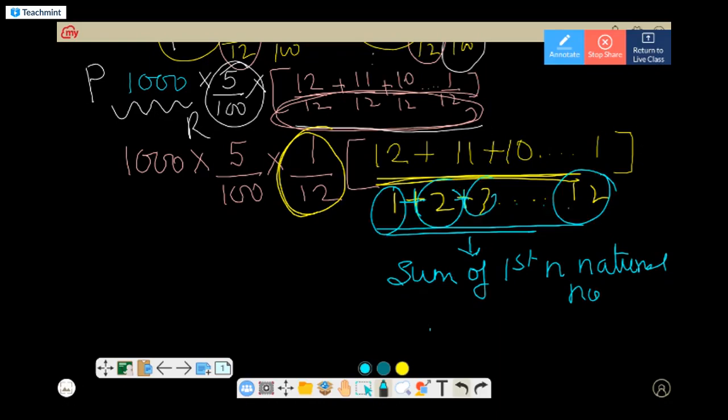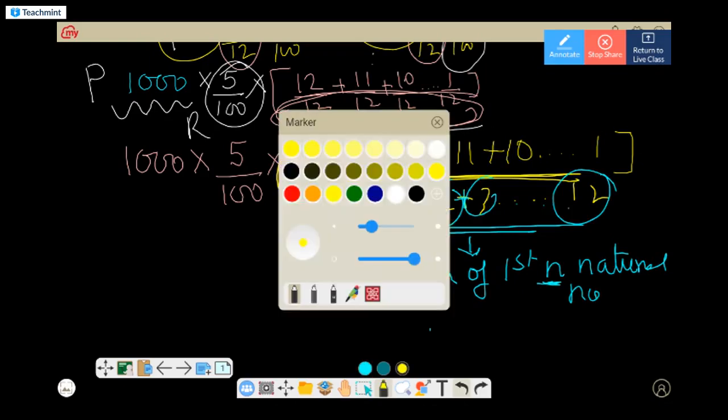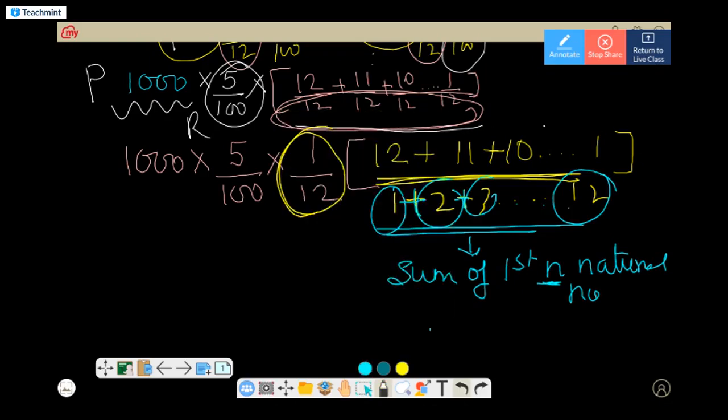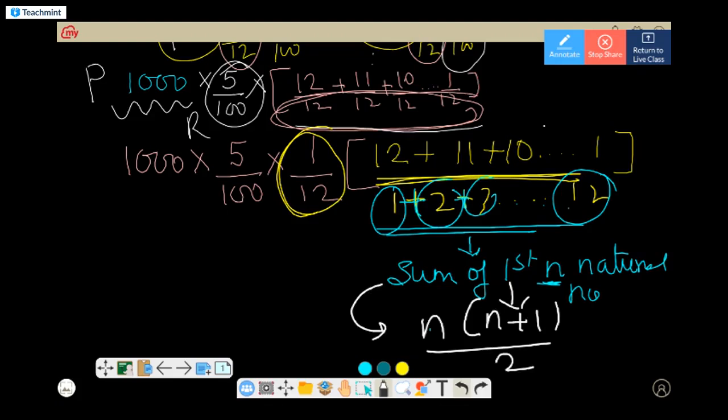So your n will be 12. There is a formula which you study in your mean and statistics: the sum of first n natural numbers is n into n plus 1 by 2. This is the formula. Write this down because that is what we are using here.